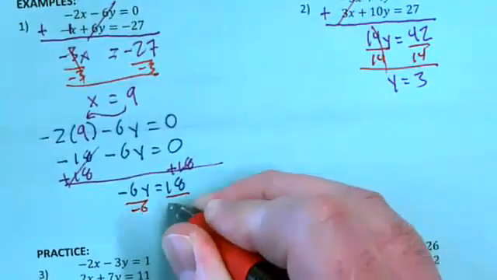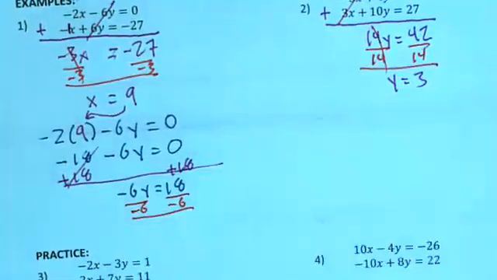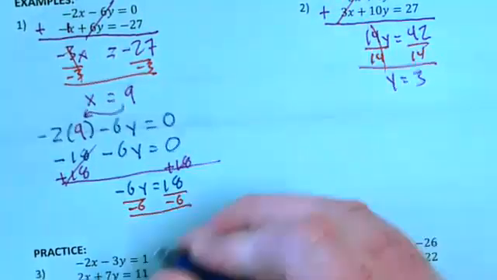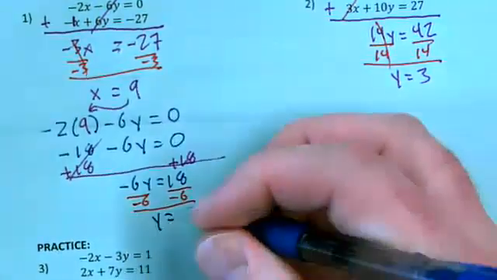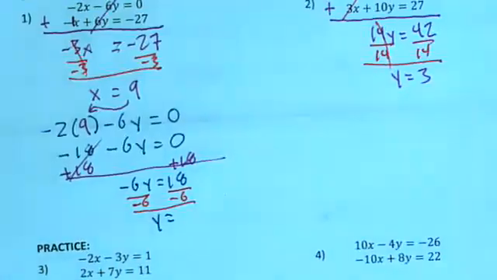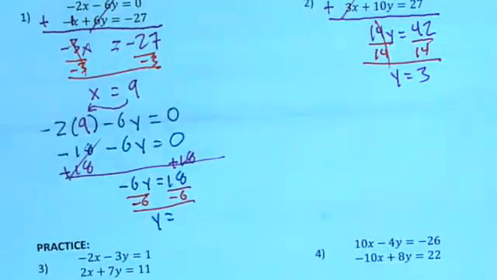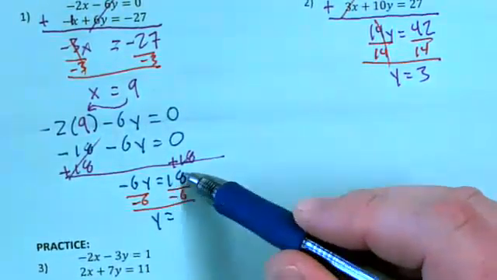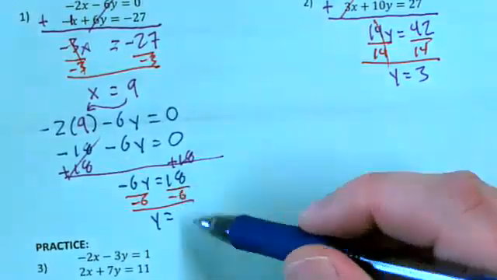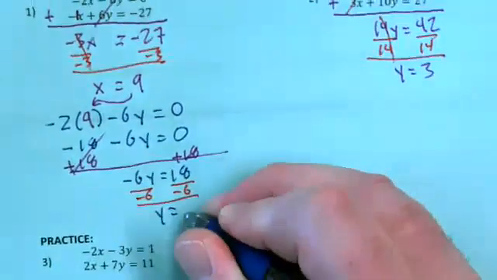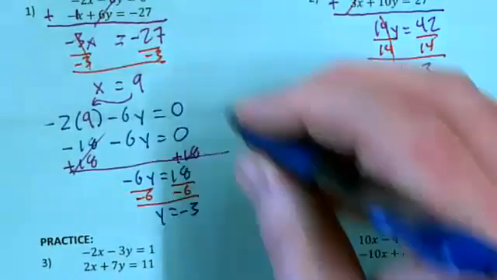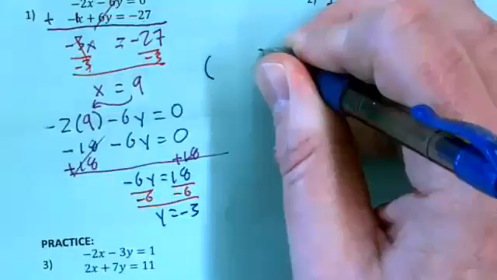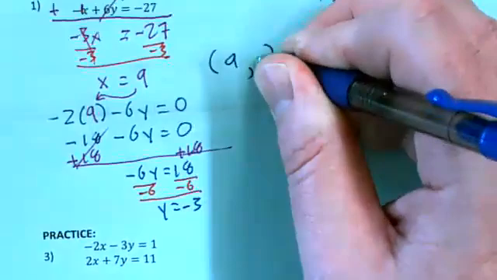And then we should have a number for y, and then we'll be done. Ooh, positive or negative? Negative. Positive divided by a negative. The signs are different. When we divide and the signs are different, it's negative. So that's negative 3, and boom, there we go. We got our answer. X was 9, y is negative 3.